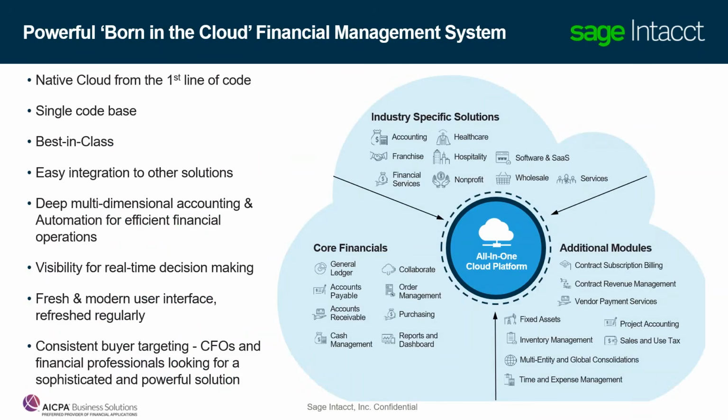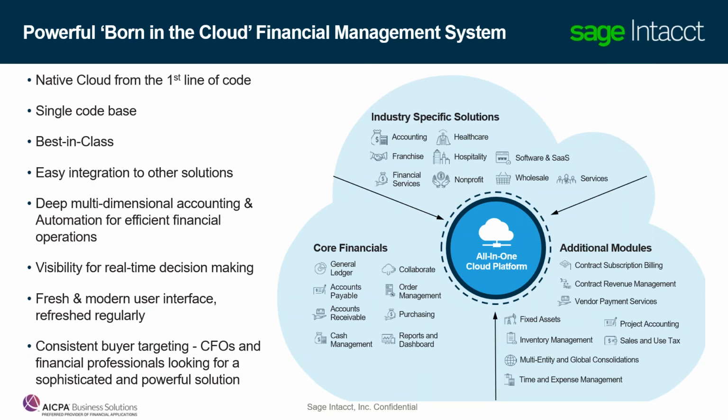The first slide that I want to start out with is just to have a conversation with you about who is Sage Intacct and where did we come from. First of all, we were rolled out in 1999, and we've always been a cloud-based solution. So if you are using a solution today that is an on-premise solution, we've never been that particular model. Our model is best in class, and we're going to talk about that, and you'll understand better what that means as we go along.